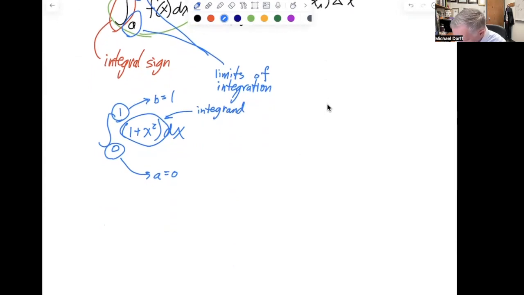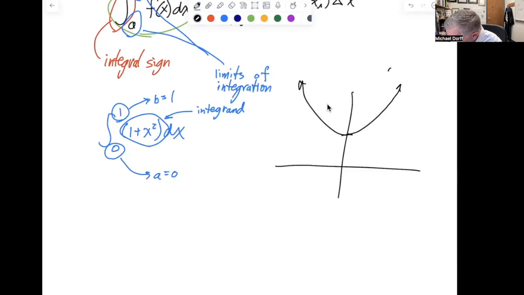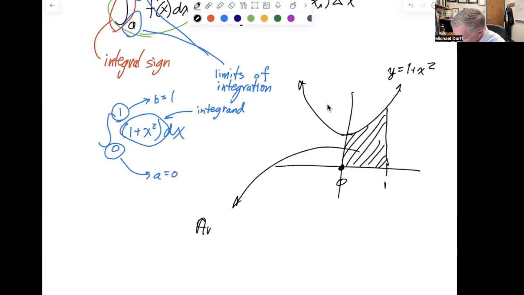And that gave me the image that we had with this curve, y equals 1 plus x squared, going from x equals 0 to x equals 1. We're trying to find the area underneath that curve, and this area is represented by the integral from 0 to 1 of 1 plus x squared dx.